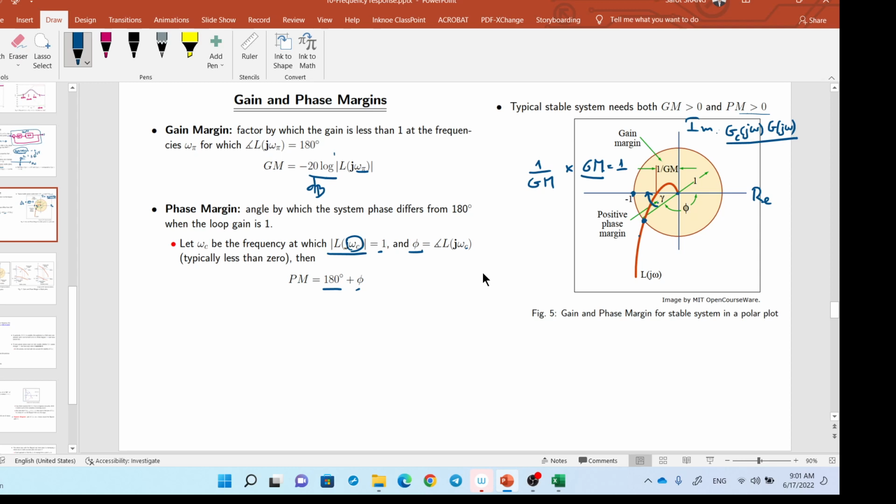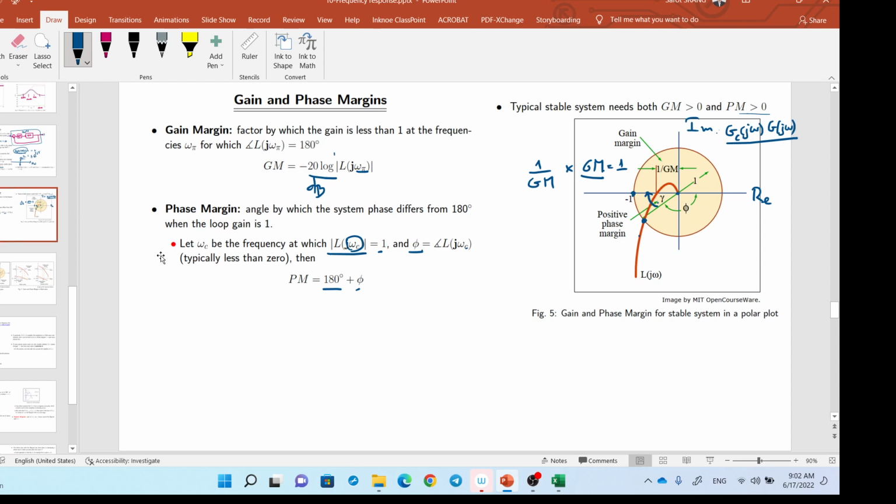Well, you may be confused. How do we know that when this curve crosses minus 1, it's called neutral stability, and when it's on the right side of minus 1, the system is stable?